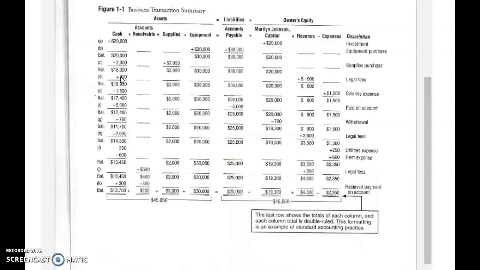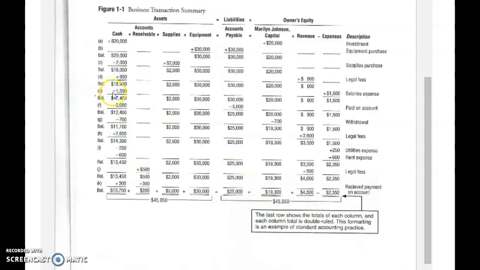And it will tell you in the transaction how the legal fees are received, if they're cash or on account. So they're cash, so you're going to increase cash, and then you're going to increase legal fees. Notice they're on opposite sides of the equal sign, so they're still in balance, and then you are going to do a balance for each account.